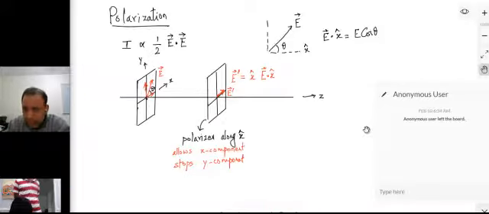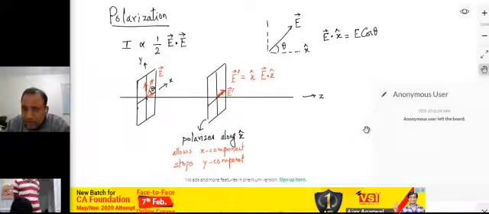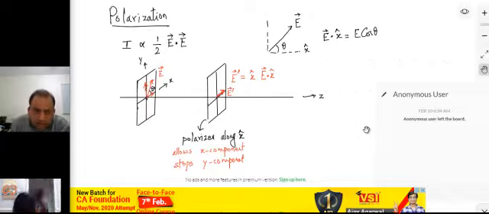And the question is, what is that electric field? Is that clear? Did I answer your question? Yes, sir. Okay, good. So that's equal to x hat times E cosine theta. Okay, that's your new electric field.